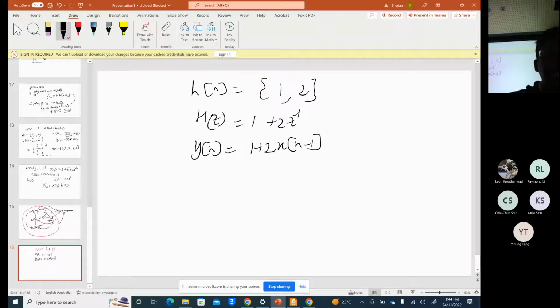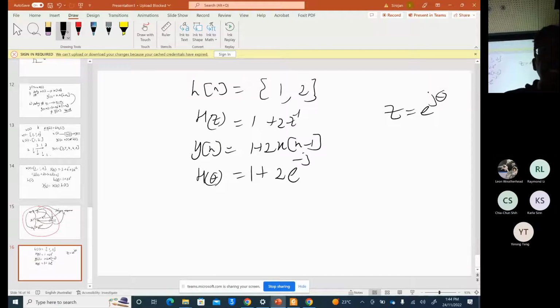And you can find the frequency response, H theta. How do you find it? z equals e to the j theta. So 1 plus 2 e to the minus j theta, likewise. And then from here you can find the magnitude response and phase response.